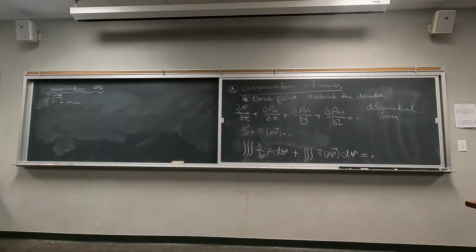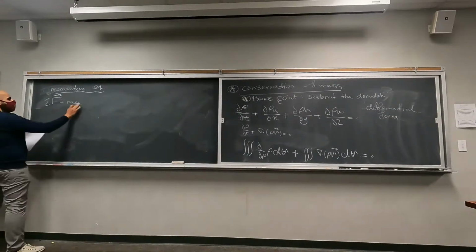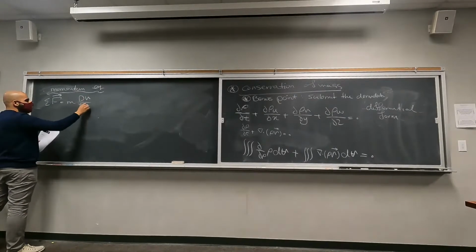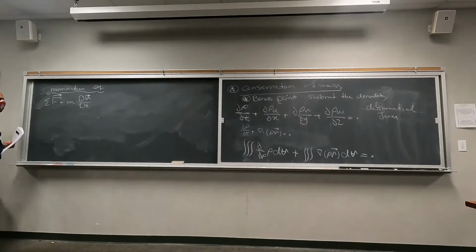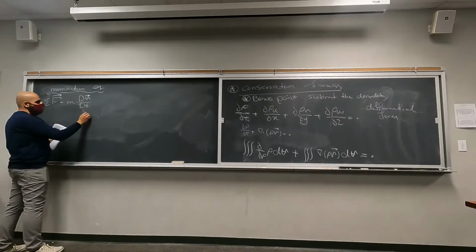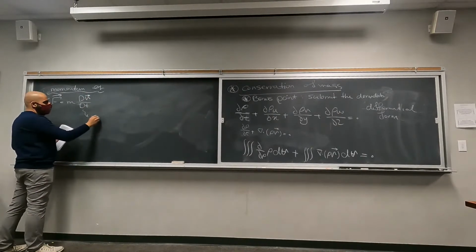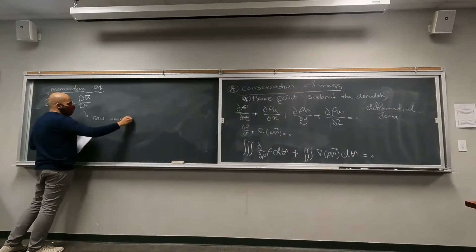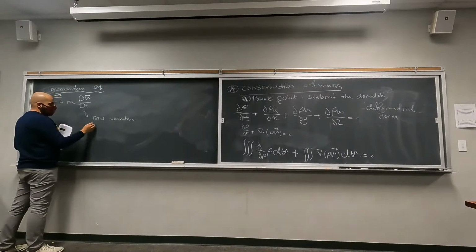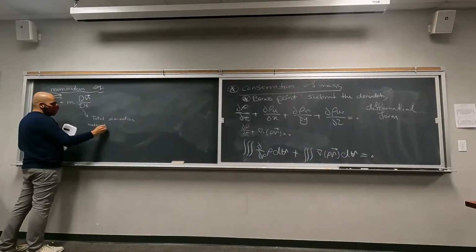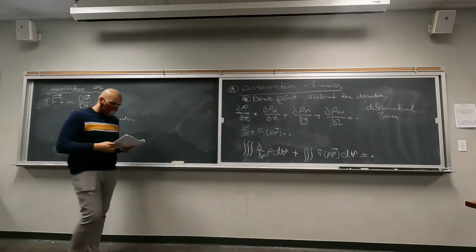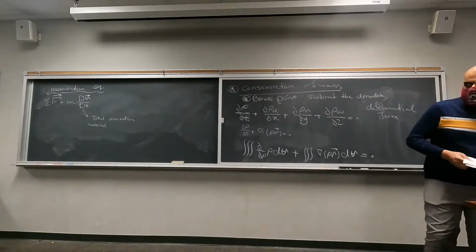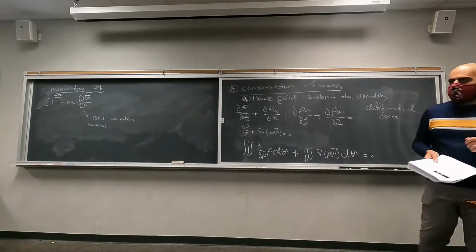And ma is m dv dt. This derivative refers to the total derivative, or some people call it material derivative or substantial derivative. I think your book calls it substantial derivative, but in my notes it is called material derivative. All three words are the same.